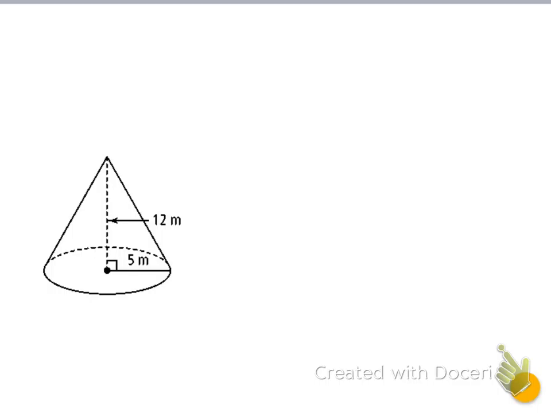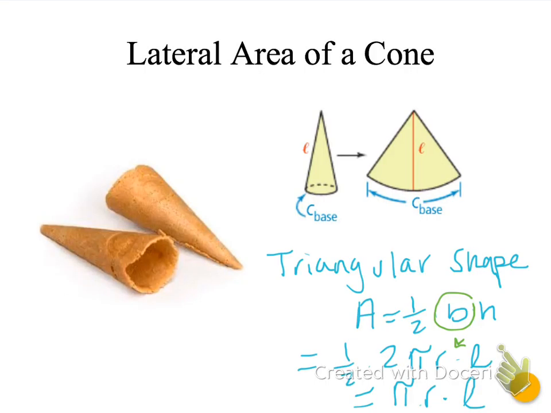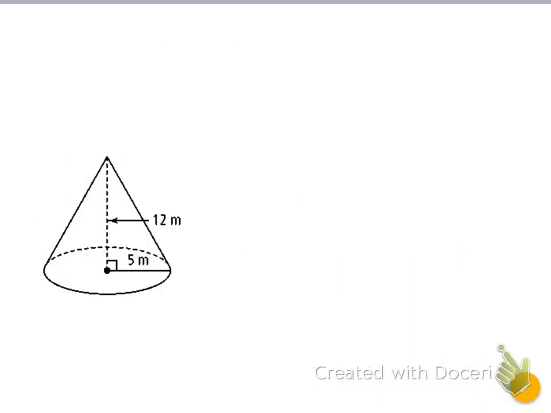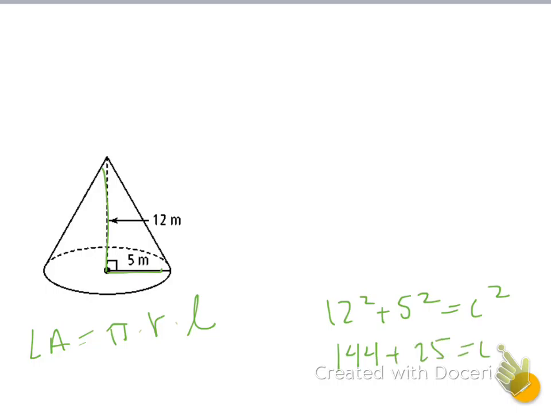So if I'm finding my lateral area, our equation was pi times the radius times my slant height. Right now I have my inside height, so to find my slant height, I have 12 and 5. So 12 squared plus 5 squared equals c squared. 144 plus 25 is 169.